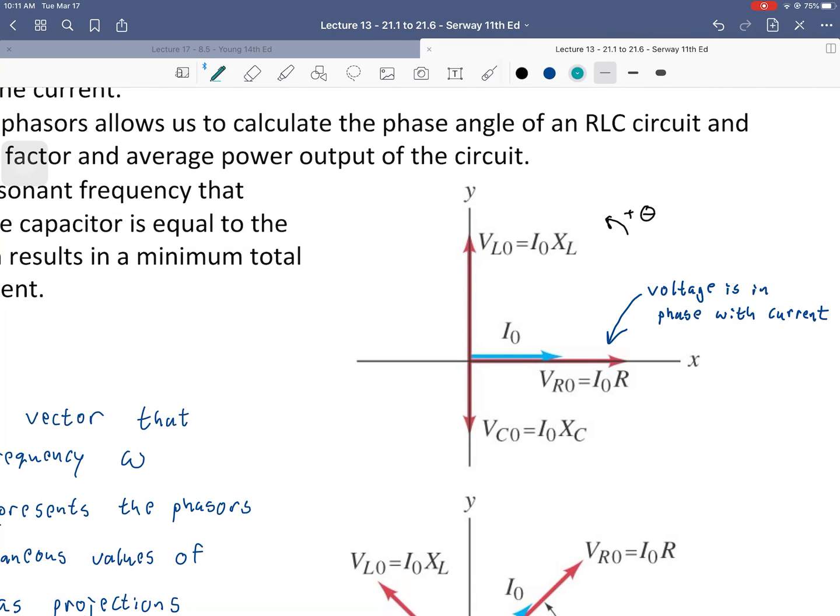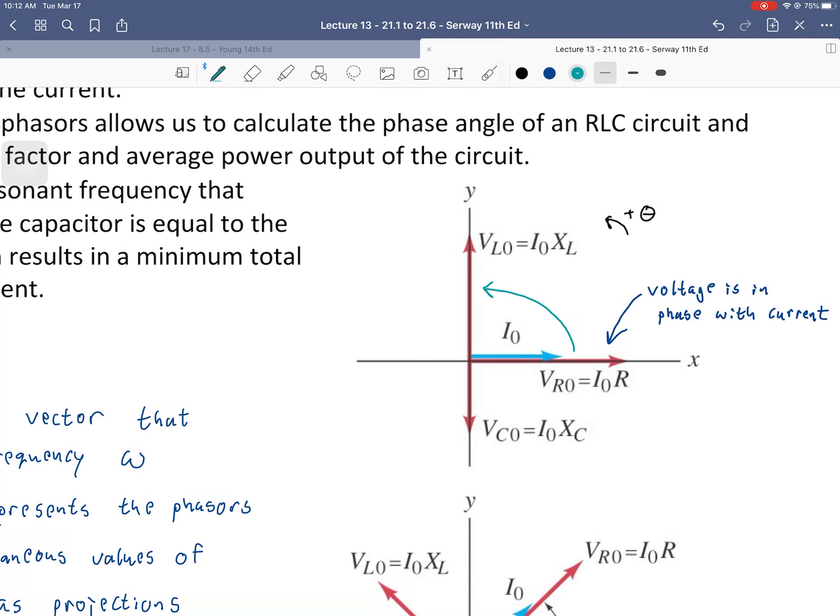The first idea then is that the phase shift between the unshifted voltage of the resistor and the shifted voltage of the inductor is that the inductor is pi over 2, or 90 degrees, phase shifted ahead of the current.